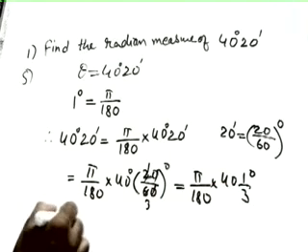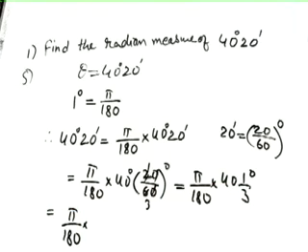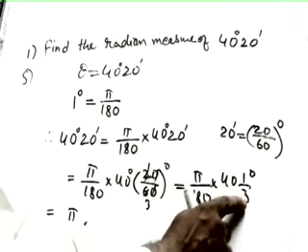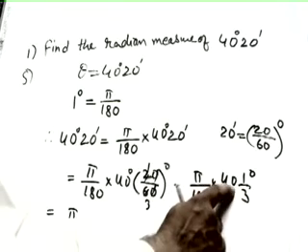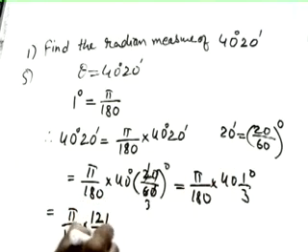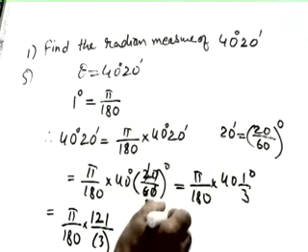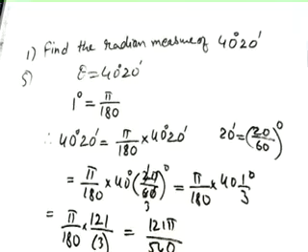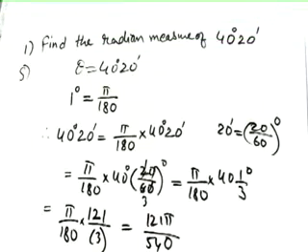Next step, let me change this into an improper fraction: multiply and add, 3 into 40 is 120 plus 1, 121. So this becomes 121 by 3. So this will be 121 pi divided by 3 into 180, which is 540, so the value is 121 pi by 540.